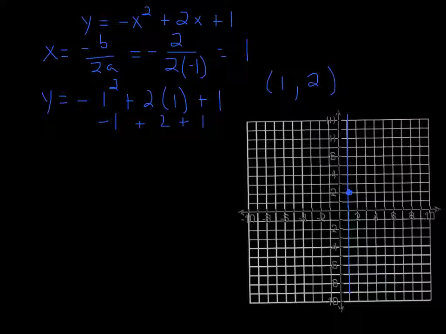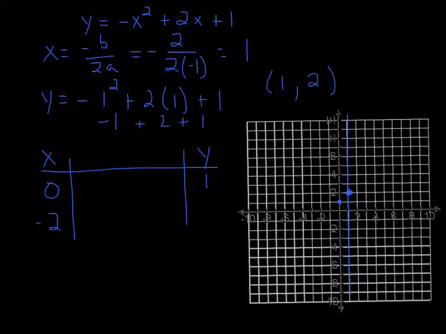Alright, now let's pick 2 points. Okay, again, I always like to do 0. So let's plug them in, x and y. If you plug 0 in, you have 0 squared plus 0 plus 1, so y is 1. So at 0, y is 1. There you go. And because we're on the one side of the graph there, let's go ahead and plug in, what the heck, let's do negative 2.